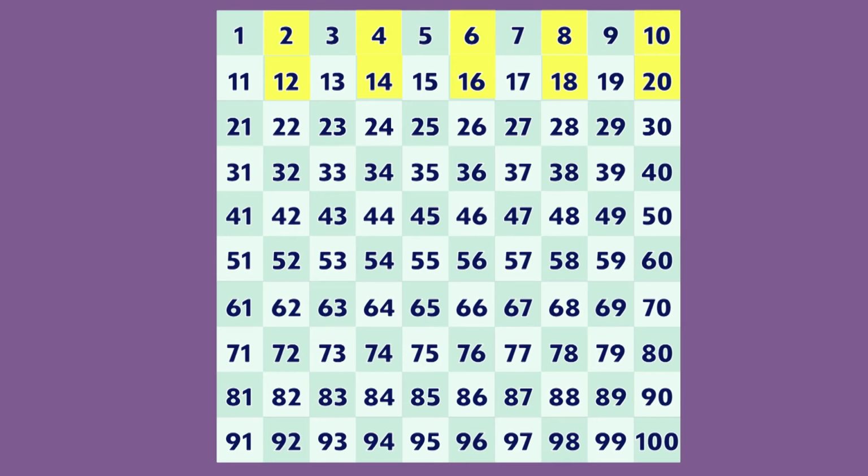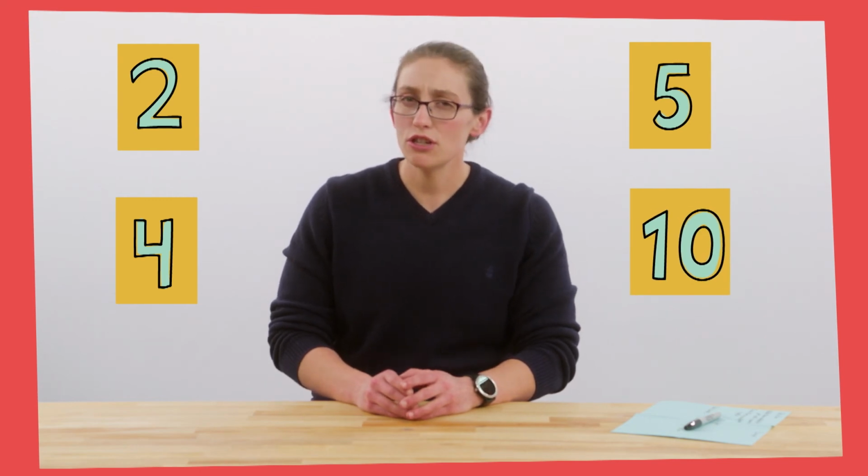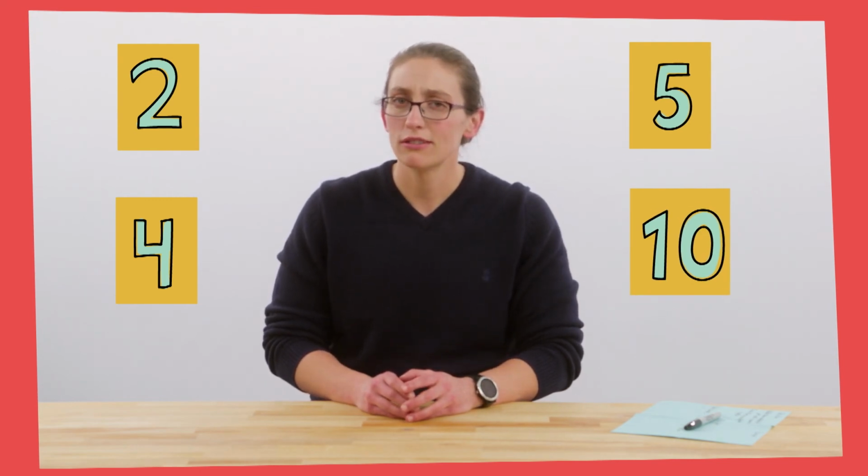Because they're even, there is a 2, a 4, 6, 8, or 0 in the ones place. What number do I get if I double 2? Right, 4. 2 and 4 have the same relationship as 5 and 10. So should they share some of the same multiples?